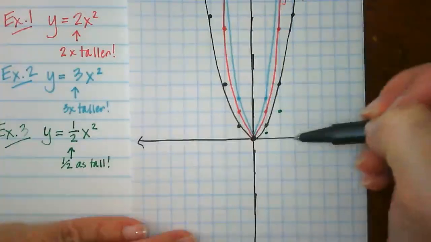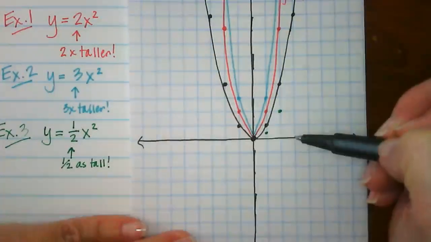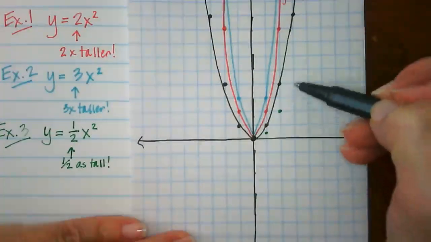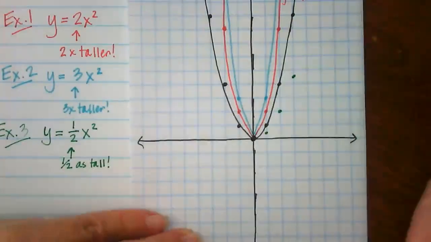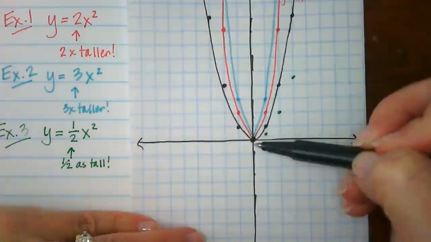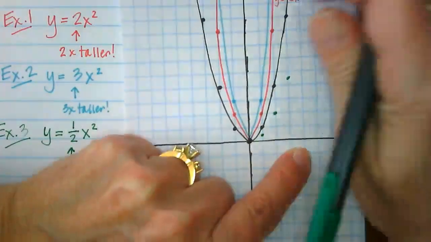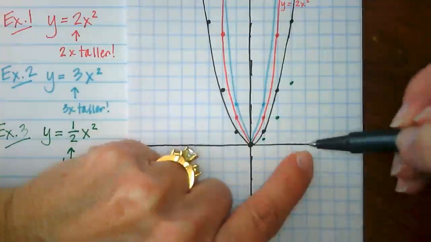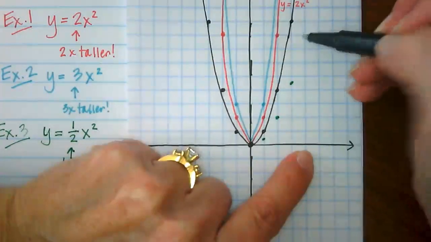A normal one would go over 3 and up 9, so this one's going to go over 3 and up 4.5. And then this one we can actually fit. A normal parabola would go over 4 and up 16, but this one's going to go over 4 and only up half of that, which is up 8.